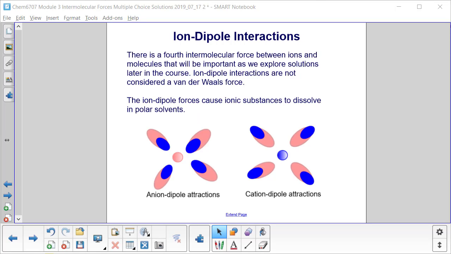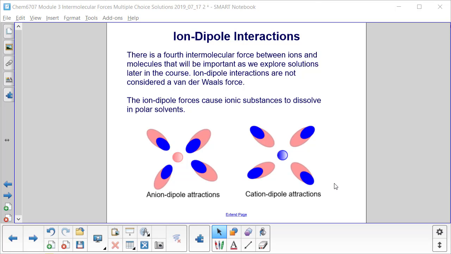There is a fourth intermolecular force that exists between ions and molecules that will be important as we explore solutions later. Ion-dipole interactions are that fourth intermolecular force, but they are not considered a van der Waals force. The ion-dipole forces cause ionic substances to dissolve in polar solvents.